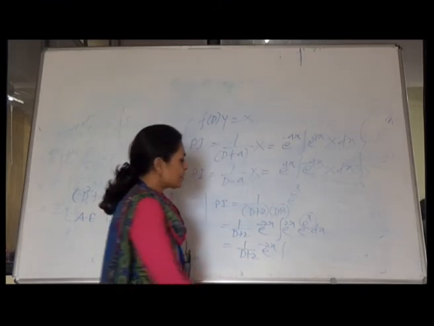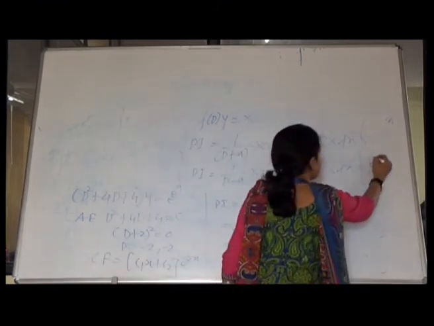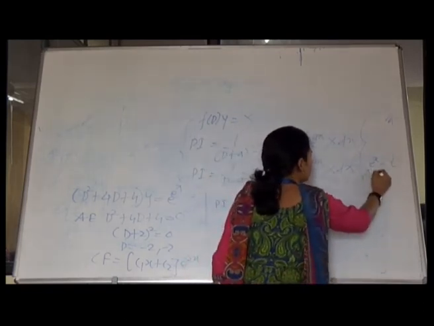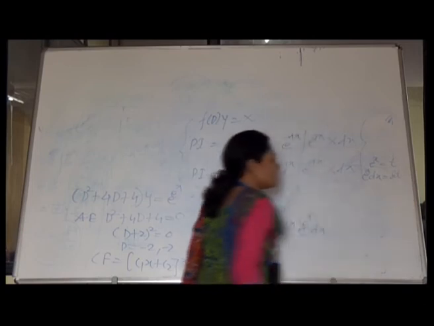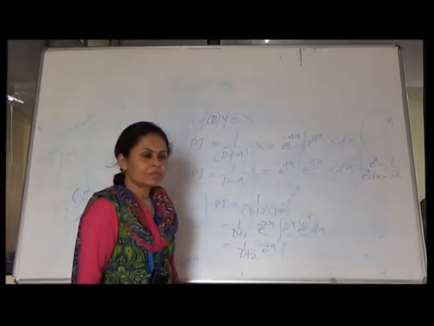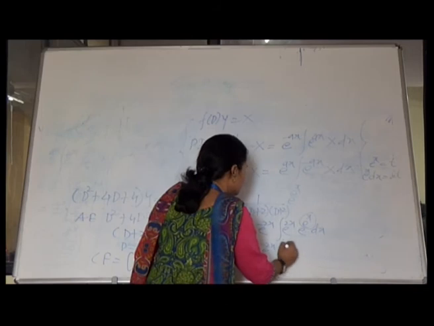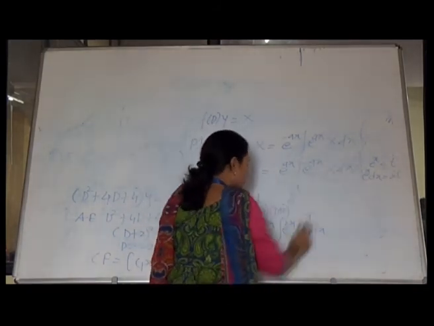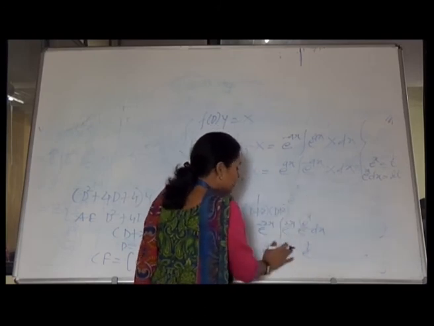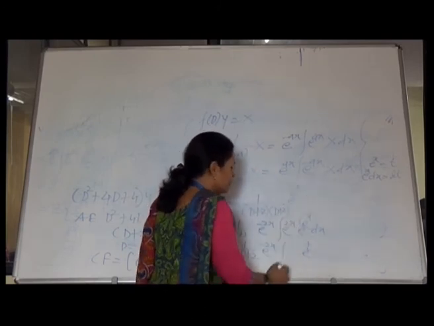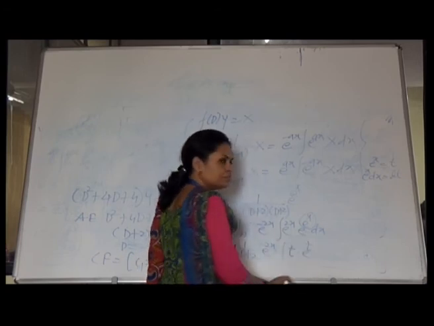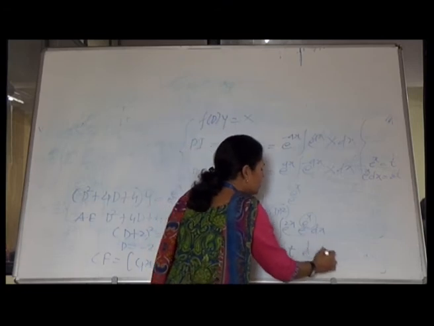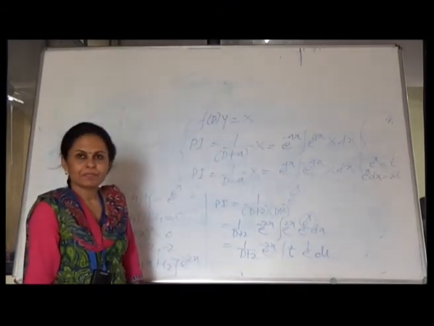Can I put e raised to x as t, which gives me the derivative e raised to x into dx as dt. If I substitute here, it is e raised to 2x into e raised to t, and this e raised to x is t, so e raised to 2x can be written as t, into e raised to t, and one of the e raised to x into dx can be substituted as dt.